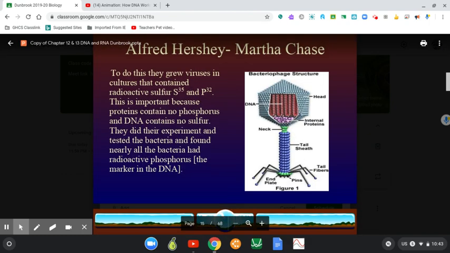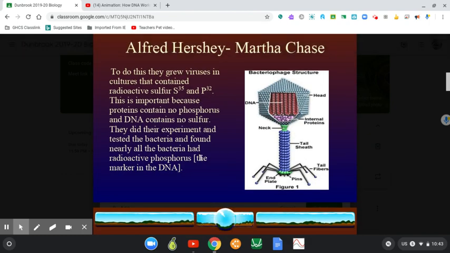He did not find any sulfur inside. So what he concluded was it must be the DNA that this virus is shooting into the bacteria, and that's what the instructions are. So now we're narrowing down what is the stuff of genes. What are the chemicals of genes?